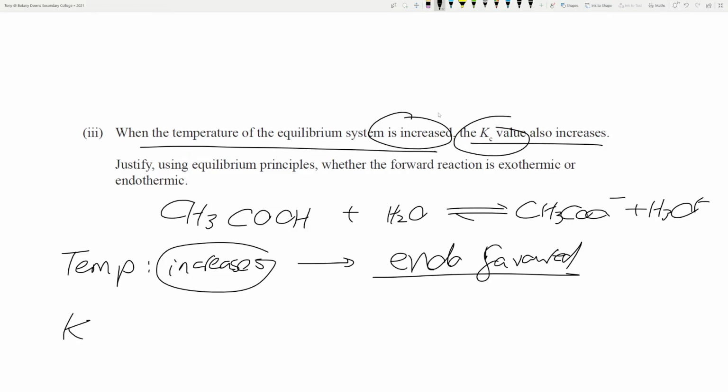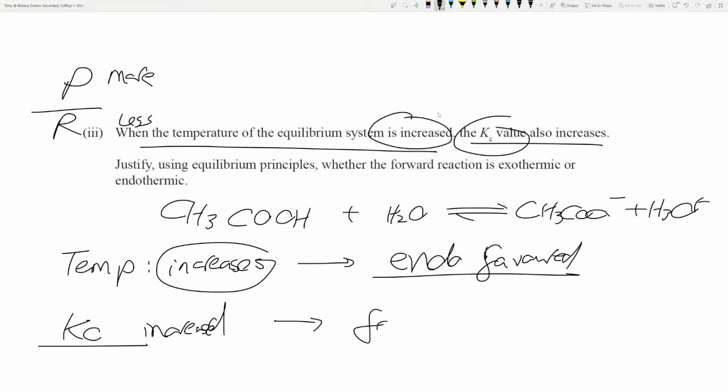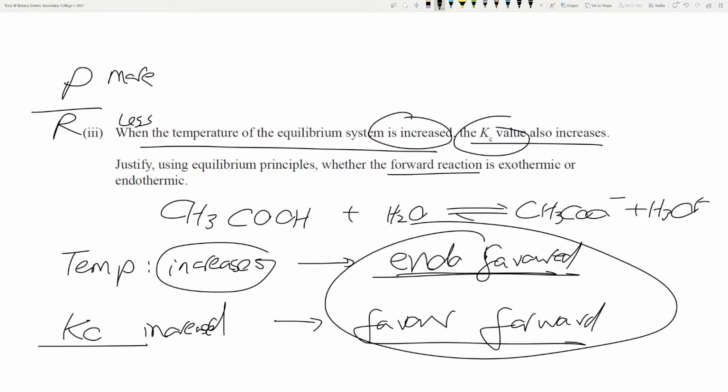Now, Kc is also increased, and remember, Kc is a products and reactants ratio. If this number mathematically increases, that means more products and fewer reactants. How would I get more products and fewer reactants? That means we favored the forward reaction. Now we know increased temperature favors the endothermic reaction. Boom, the endothermic reaction is the forward reaction. Done.